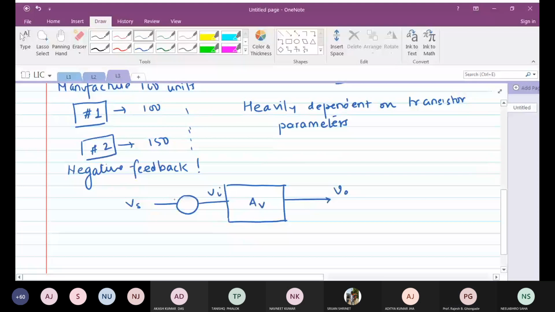Remember this? What is this? Yes, please respond. Feedback. It is the negative feedback that we are giving.